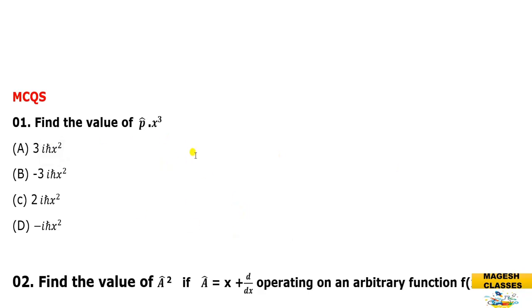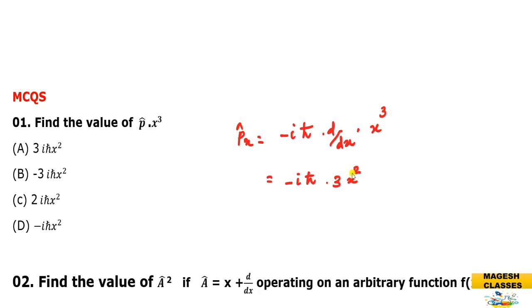Find the value of the momentum operator Px on x cube. What is the value? Here, the momentum operator Px, we know that it is minus i into h cut d by dx. It is a momentum operator on the function x cube. So this is equal to minus i h cut into 3x to the power n minus 1.